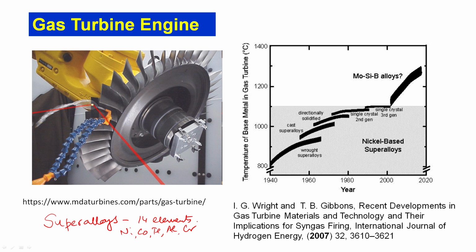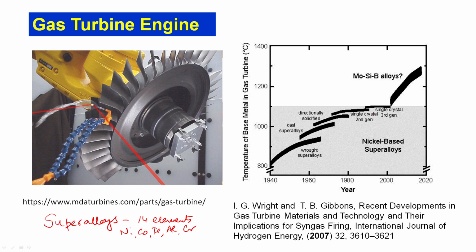Initially we used wrought or deformed superalloys, then from the 1960s cast superalloys, from almost the 1970s directionally solidified superalloys, from the 80s second generation single crystal superalloys, from 2000 onwards third generation, and now we are talking about a fourth generation also.